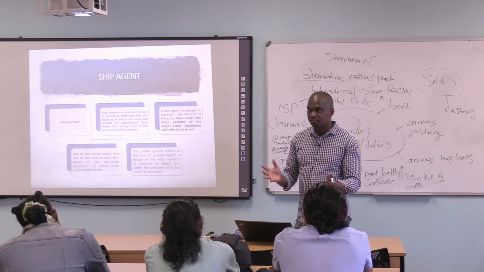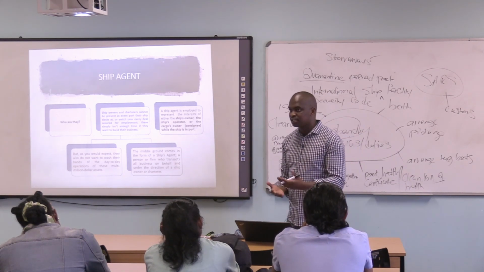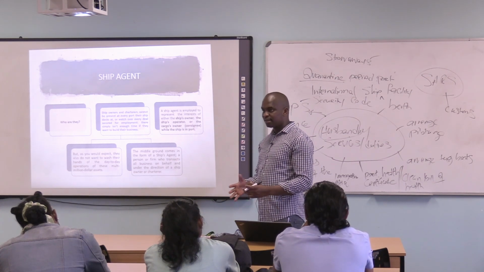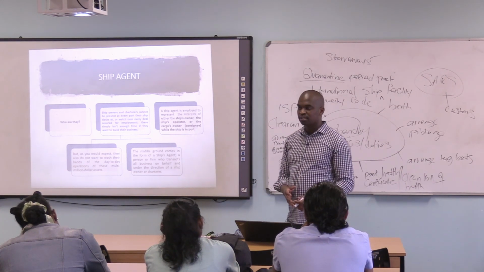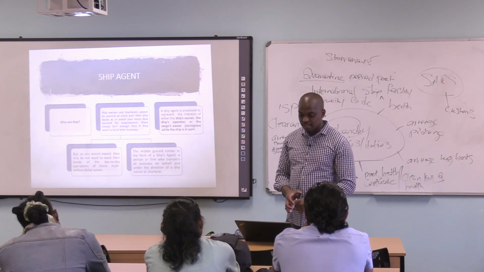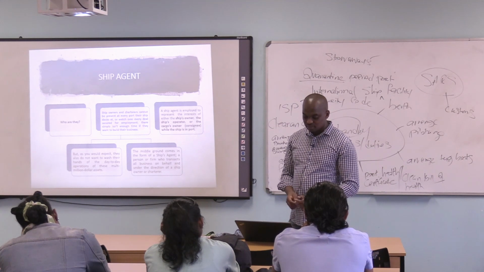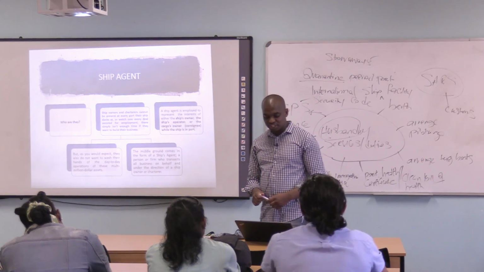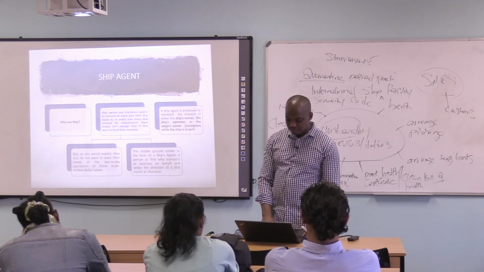So you are going to get involved, especially when it comes to deals that are worth serious money. Now, the middle ground comes in the form of a ship's agent, a person or a firm who transacts all business on behalf and under the direction of a ship owner or a charterer.